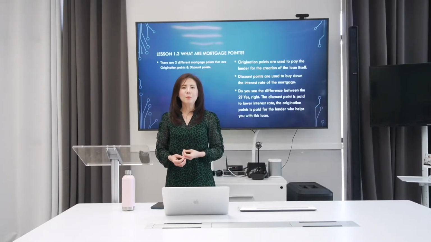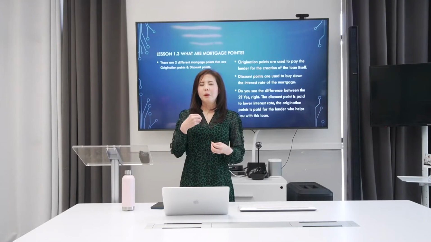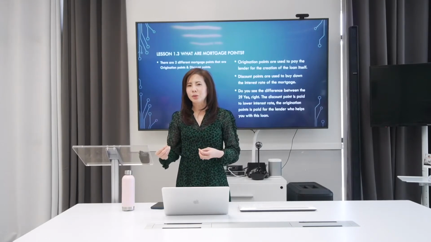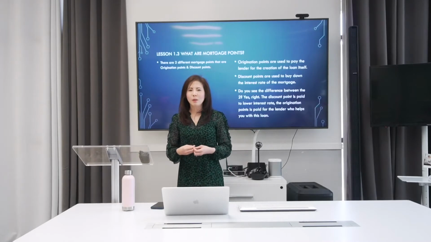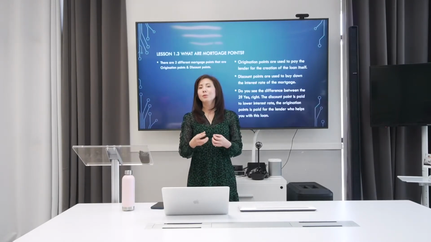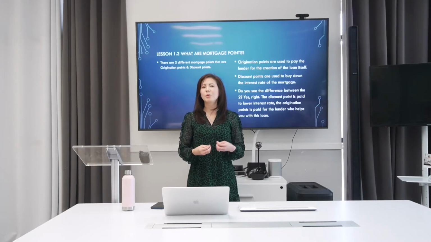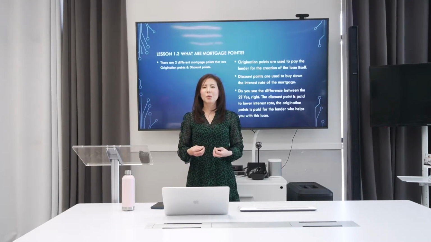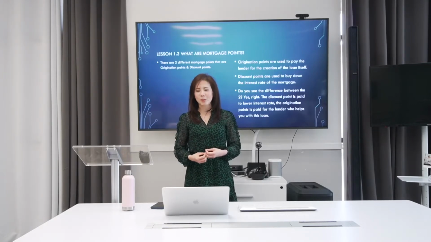And the discount points are the points that are paid to the lender to lower the interest rate. So when the borrower or the buyer wants a lower interest rate, they will say, I want a lower interest rate. How much do I have to pay for the points? So that's the discount point they talk about when they want a lower interest rate.